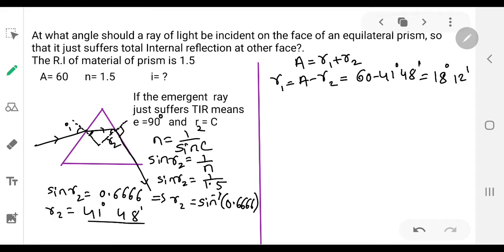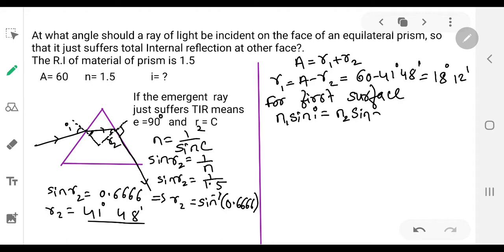Now you can apply Snell's law for the first surface: n1 sin i is equal to n2 sin r.